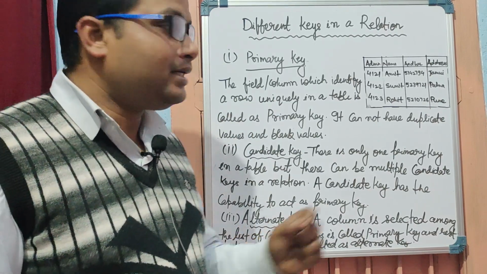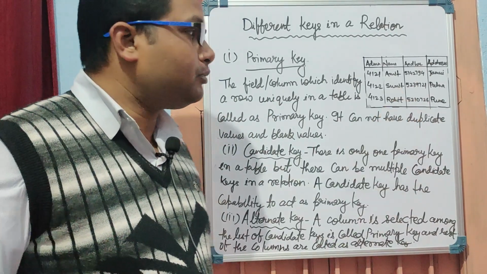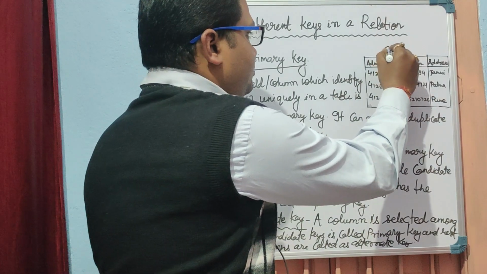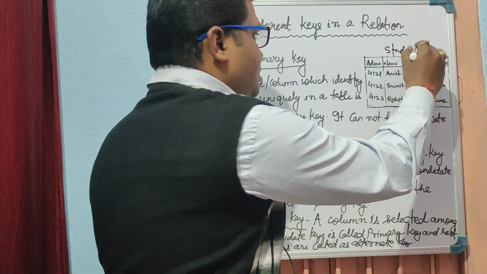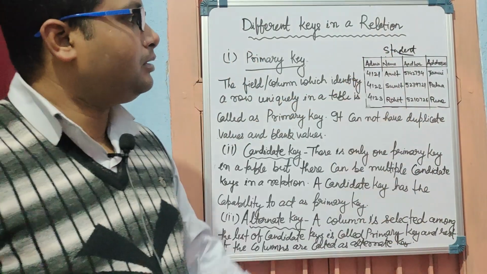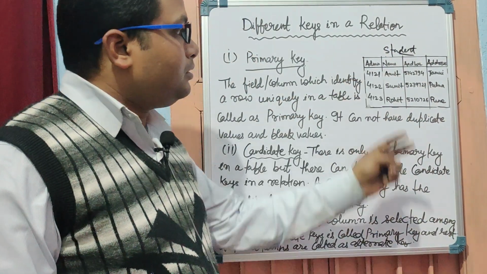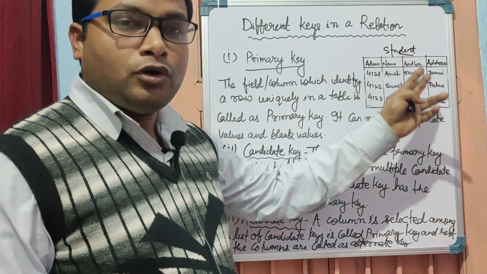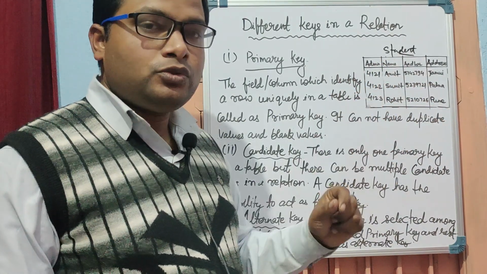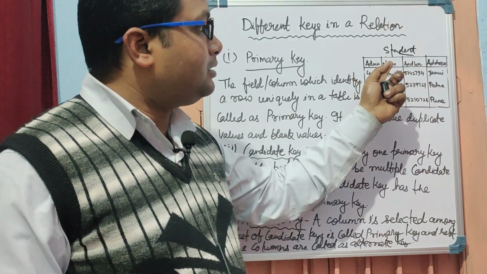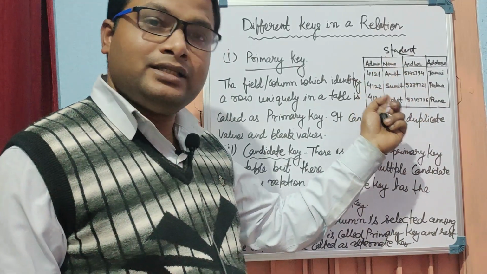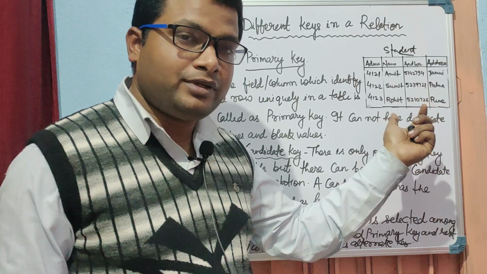If we have created a table in a relation, suppose this one is the student table, and in this table there are 4 columns and 3 rows. So the degree of this table is 4 and cardinality is 3, which we have studied in the previous class.